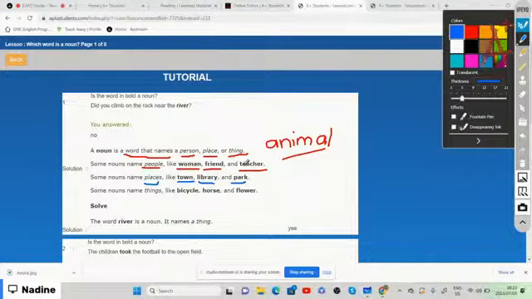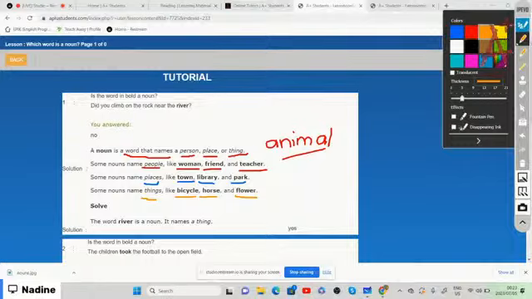Those are all nouns. Some nouns also name things like bicycle, a horse, flower, book, pens. A horse we can even put under animal. So we can name people, places, things, or even animals. So that is a noun.